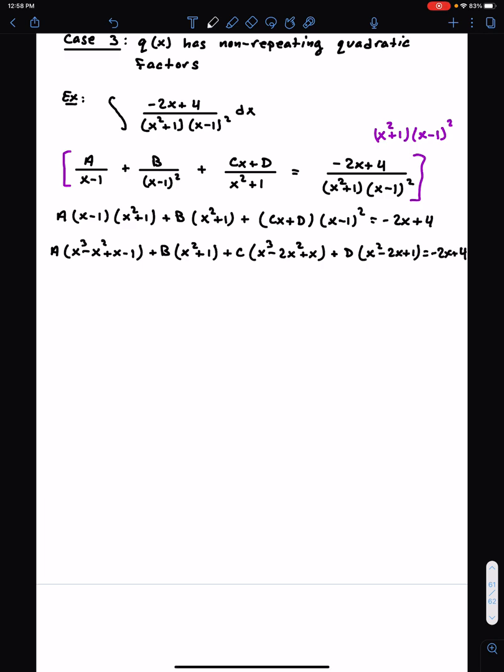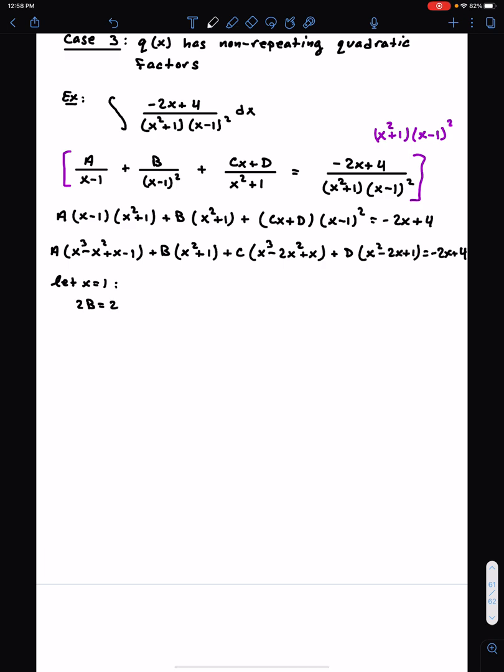Okay, if I let x equal 1, you can plug it into this line. I think this one is easier, since this will zero out and this will zero out also. So if x is 1, I have 2b.